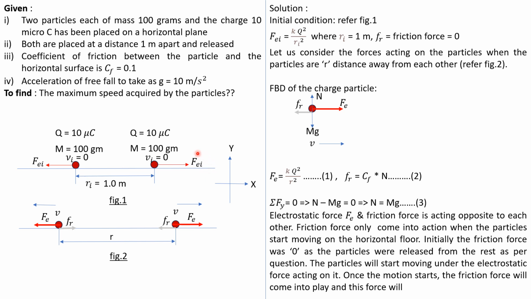F subscript EI is the electrostatic force in the initial condition. I is for the initial condition when the gap between the two particles was 1 meter.